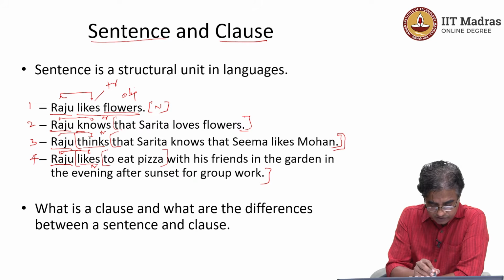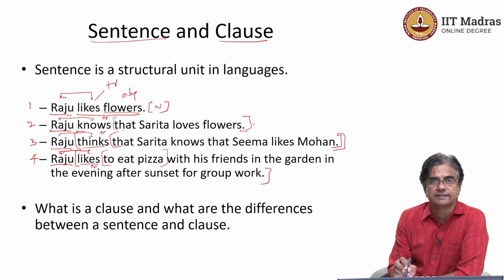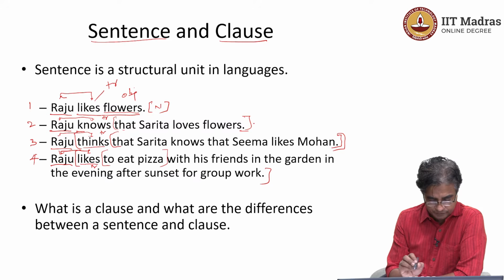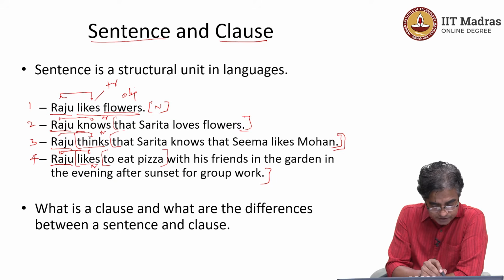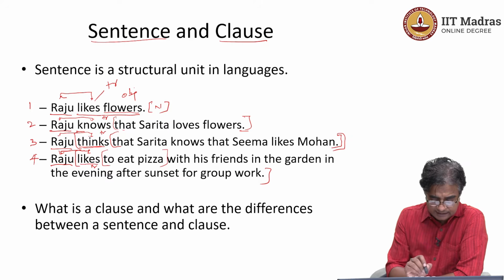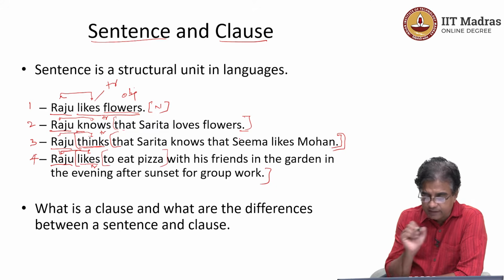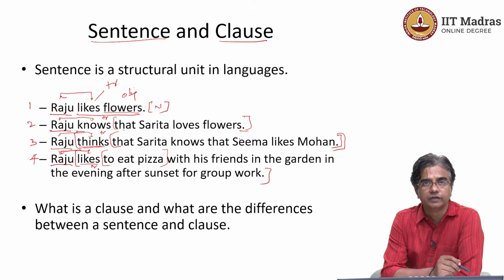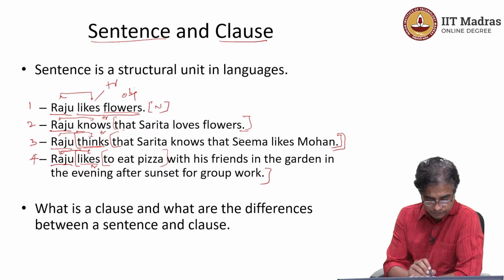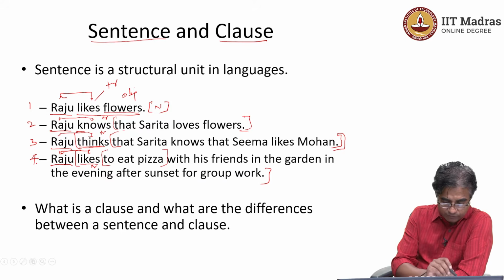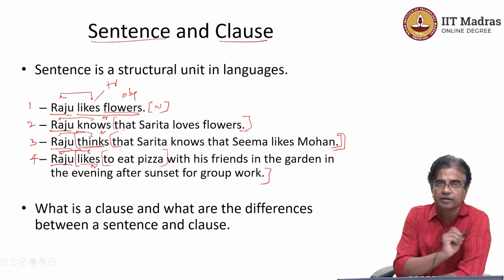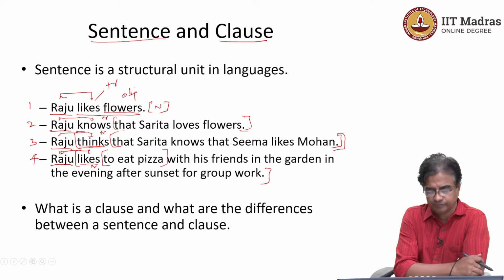The object is this whole sentence, that Sarita loves flowers. The object of the verb thinks in the third sentence is that Sarita knows that Seema likes Mohan. And the object of the verb likes in the fourth sentence is to eat pizza, just that much.